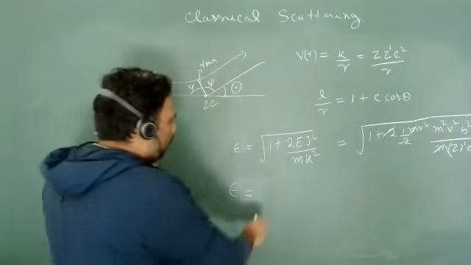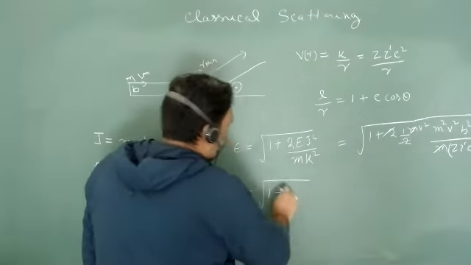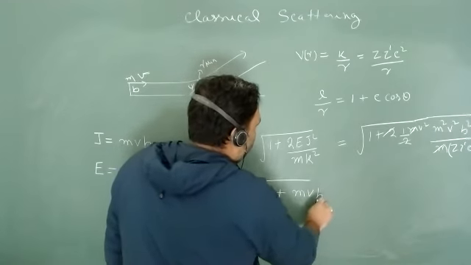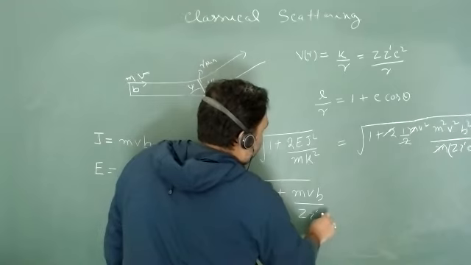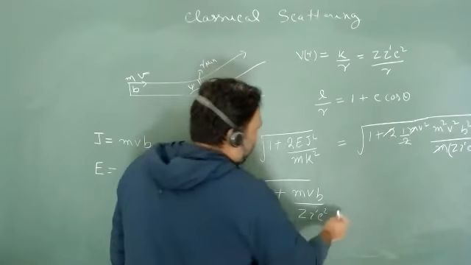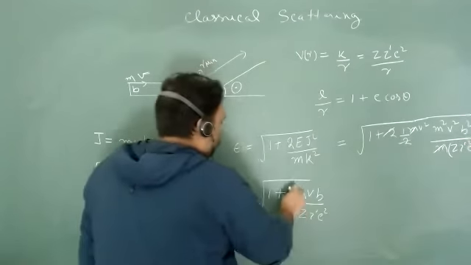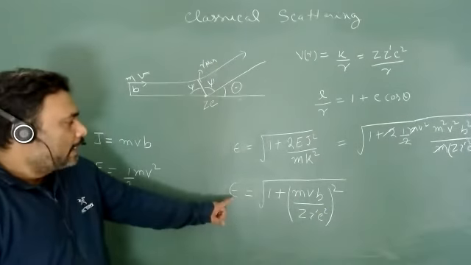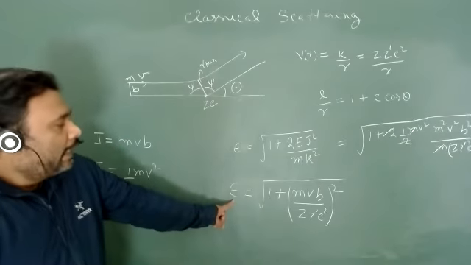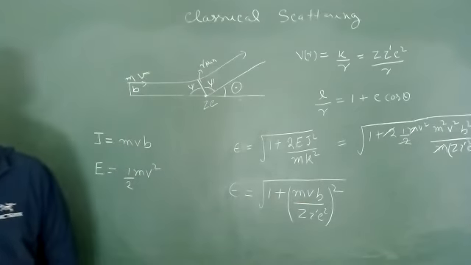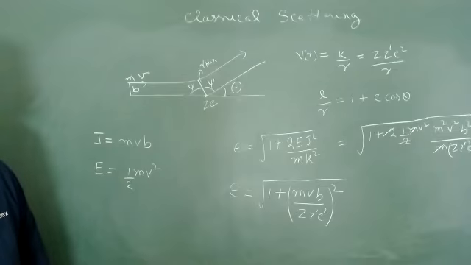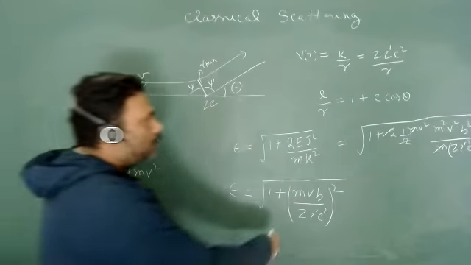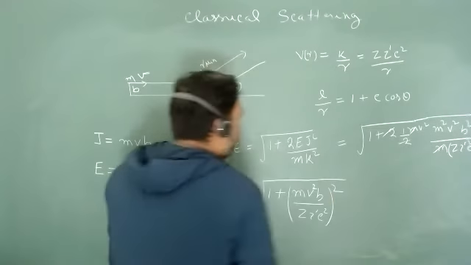So I can write root under 1 plus (mv²b/Z'e²) whole square. लिख सकते हैं ना? This is my eccentricity. So what I have done, I have written my eccentricity in terms of impact parameter. This is my eccentricity. I am writing it with the impact parameter. So sorry, this is half mv square. Okay.